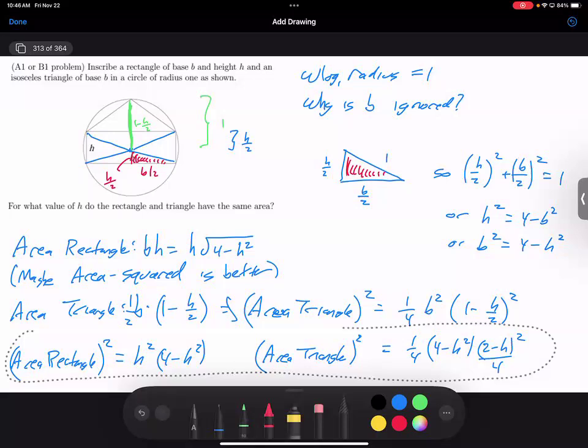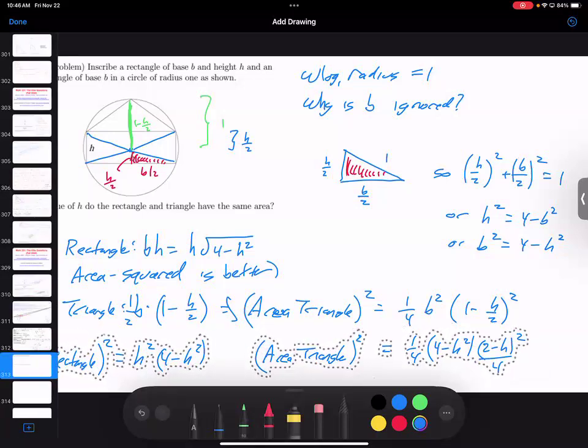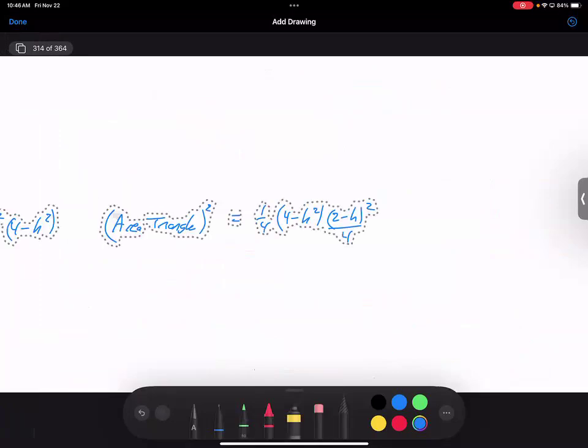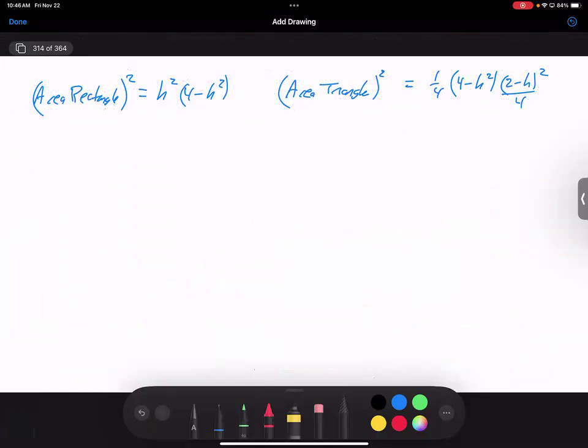So hopefully I can copy this. And so I think looking at squares is much better. And so when we do this, we get h squared times 4 minus h squared is supposed to be 1/16 times 4 minus h squared times 2 minus h squared.